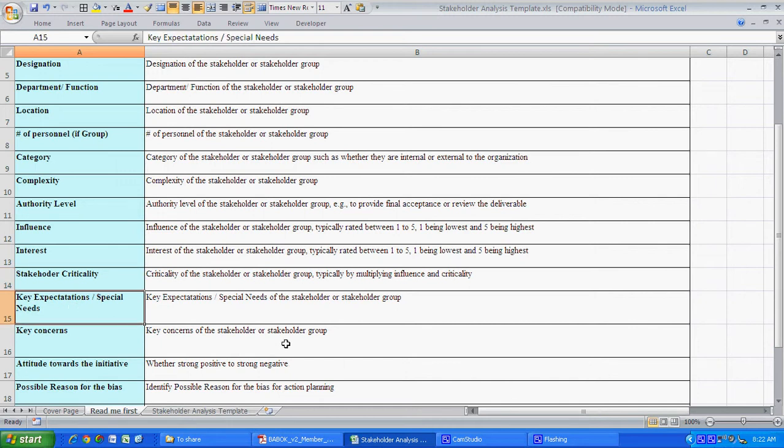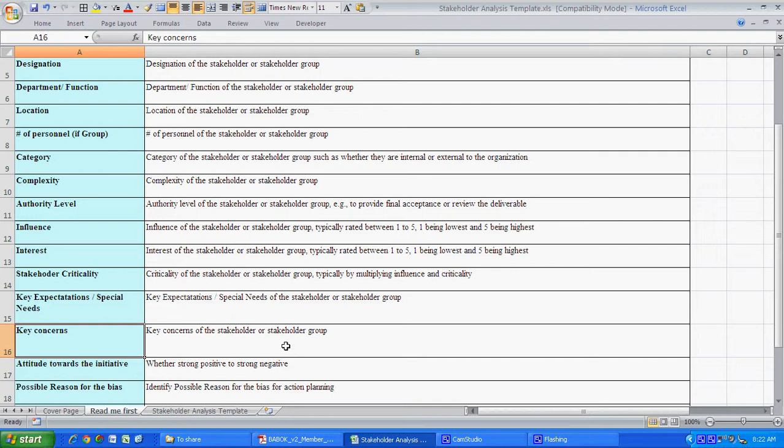Then we also try to capture key expectations and special needs for each stakeholder group, because each stakeholder group may be expecting something very critical to them. The key concerns about the initiative, maybe each stakeholder group has a different set of concerns.